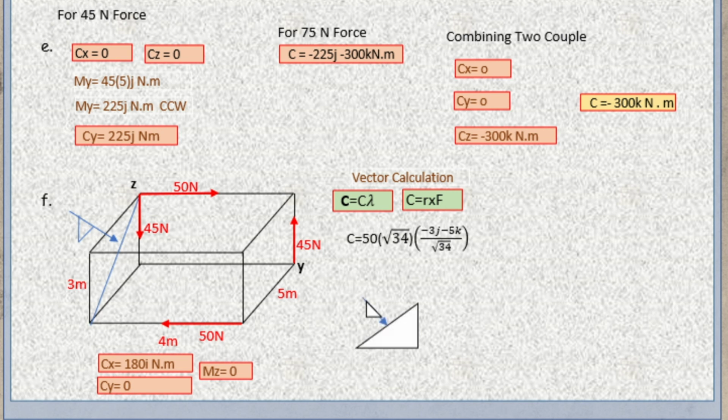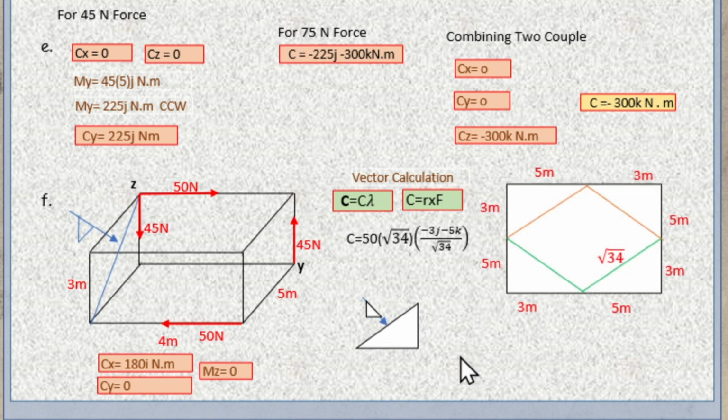Looking at its right side view, this is our right triangle. This is 5 meters and this is 3 meters. We need the distance of this right triangle. Looking at here, this is 5, this is 3. For our y-axis, since it is going toward the negative y direction, this will be negative 3J.